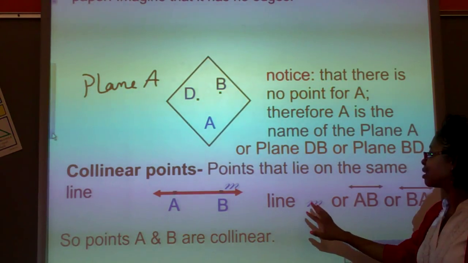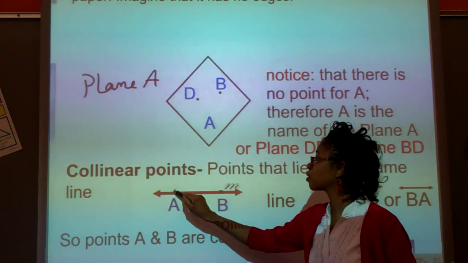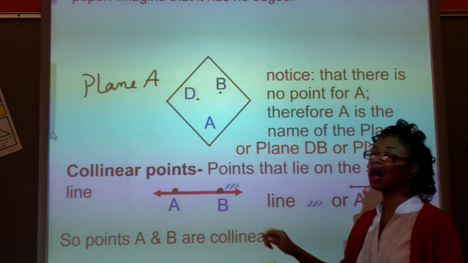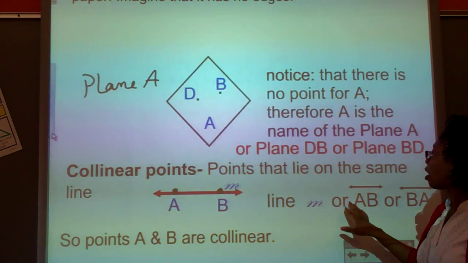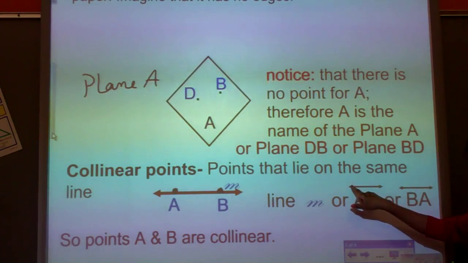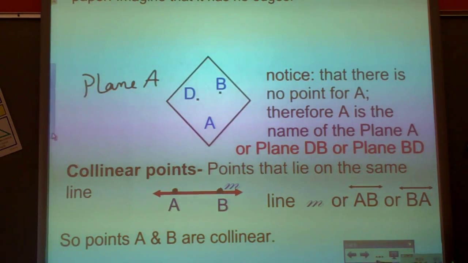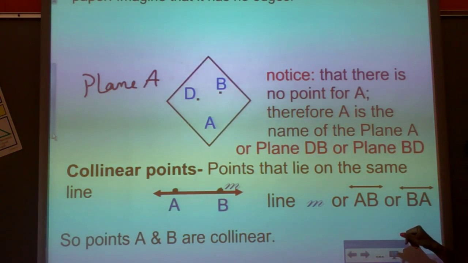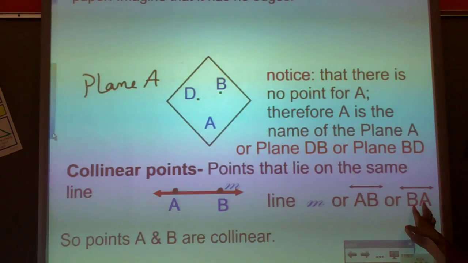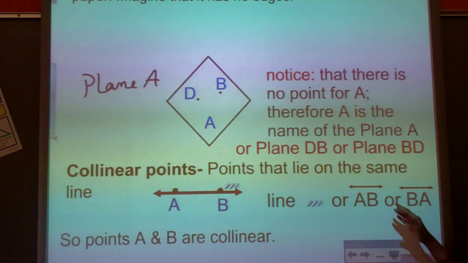or we can call this line AB. There are two points, the first point and the second point, that lie on this line. Notice that the arrowheads are above AB to indicate that this is line AB. Or we can reverse the order and also call this line BA. It doesn't matter.